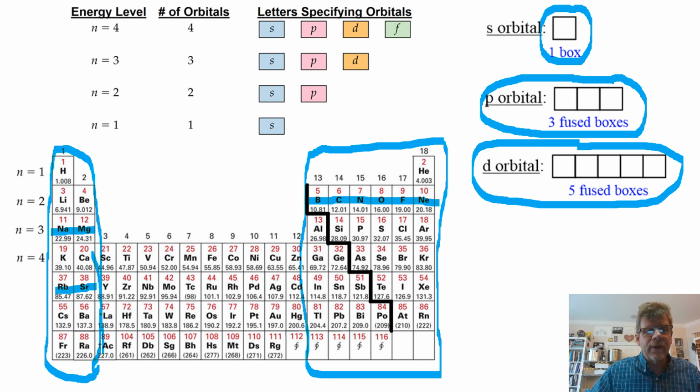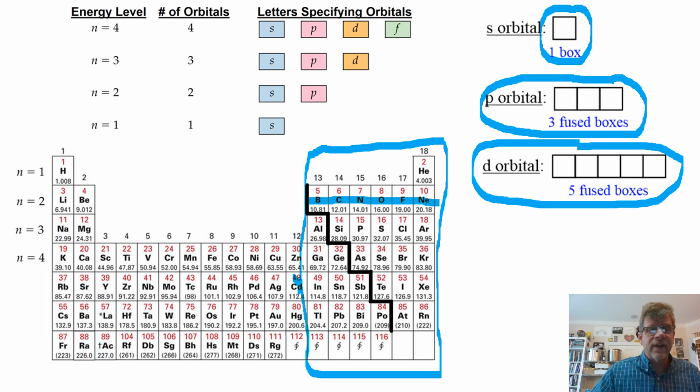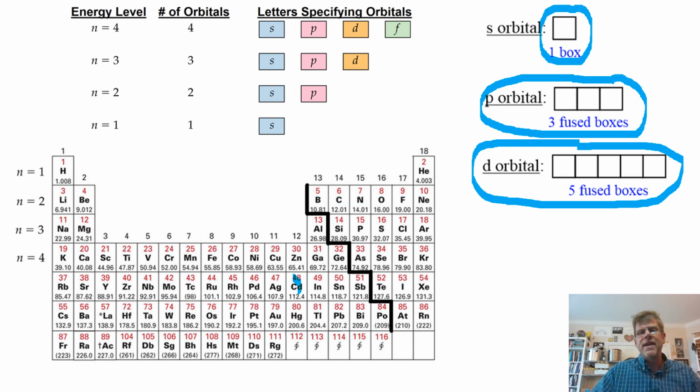How many elements thick is the d block on the periodic table? You got it. It is 10 elements thick. So here now we can take a look at the periodic table and start to make some sense as to its shape, at least with respect to the thickness of the S block, the P block, and the D block on the periodic table.